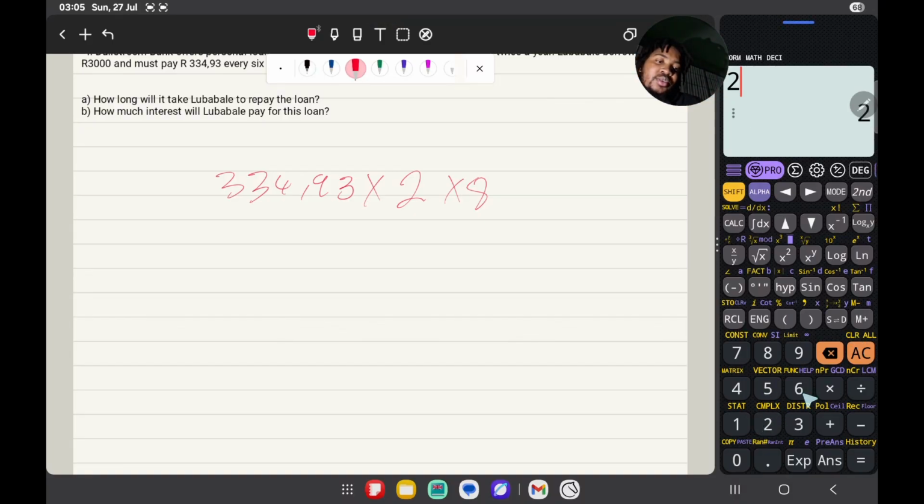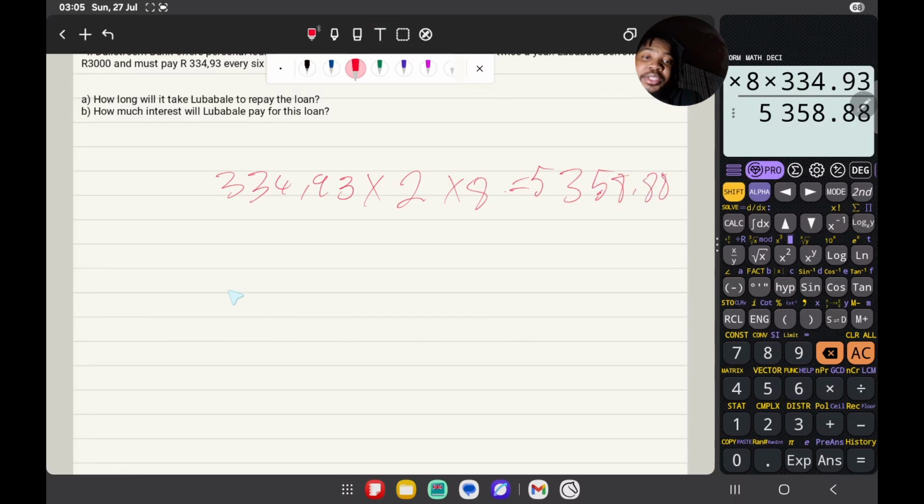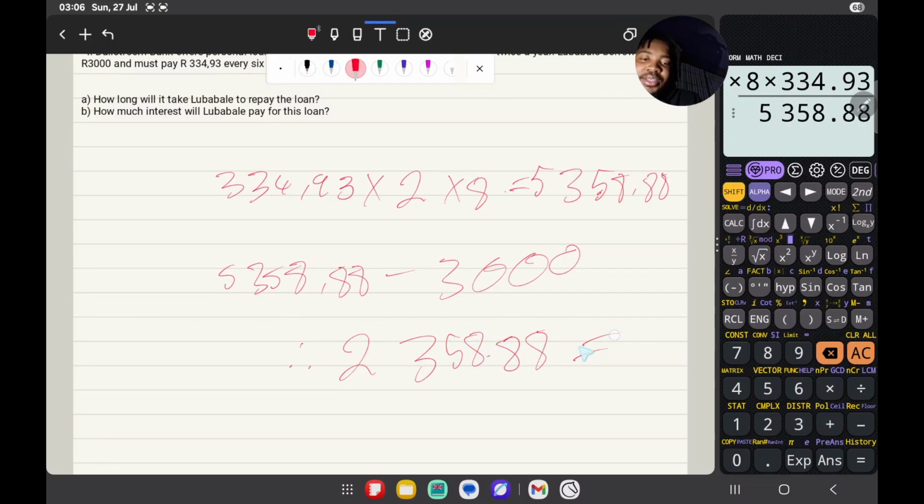So it's 2 times 8 times 334.93. This is how much she's paying in total: 5,358.88. But initially she had borrowed 3,000, so we're going to subtract the 3,000, and therefore 2,358.88 is the interest for this question.